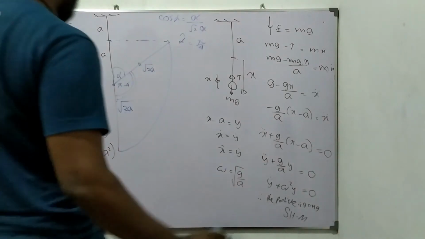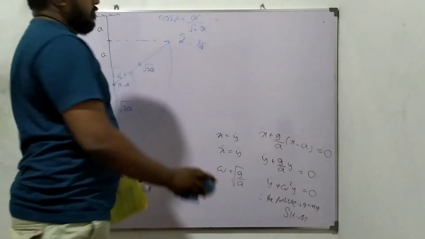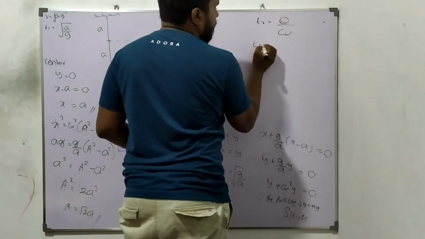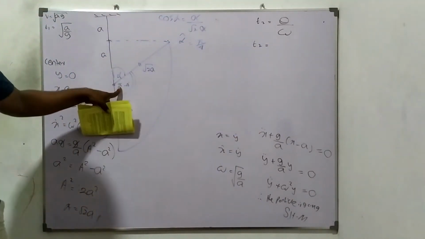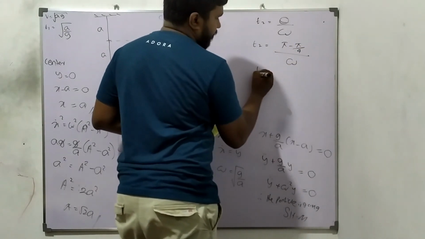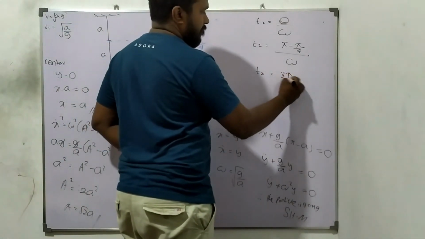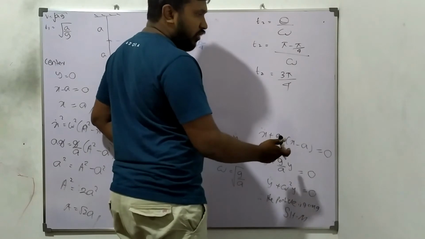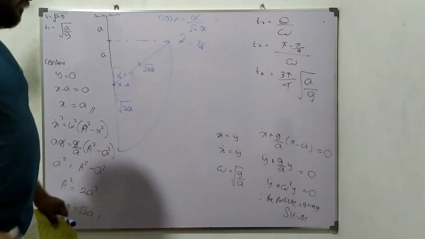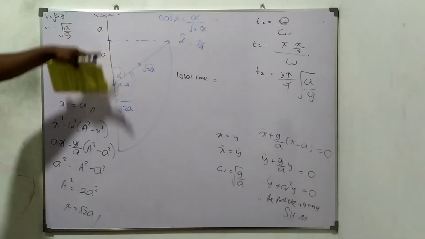So then the time taken, assume it is t2, equals theta over omega. It's (pi minus alpha) over omega, pi minus pi over 4, so 3 pi over 4 omega. Omega means root g over a, so the reciprocal gives root a over g. So the total time, it's going down and coming up.